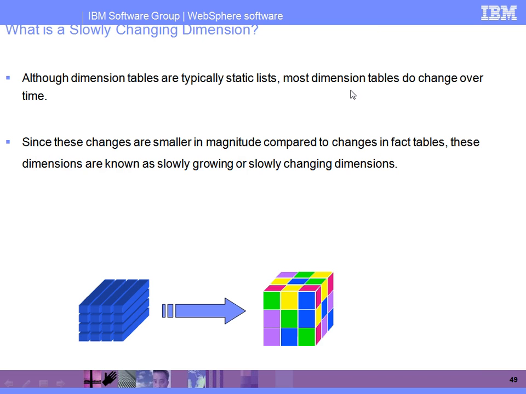If you remember, what is the meaning of a slowly changing dimension table? If in a particular dimension table, a single attribute or multiple attributes are changing slowly based on time, it is called a slowly changing dimension table.